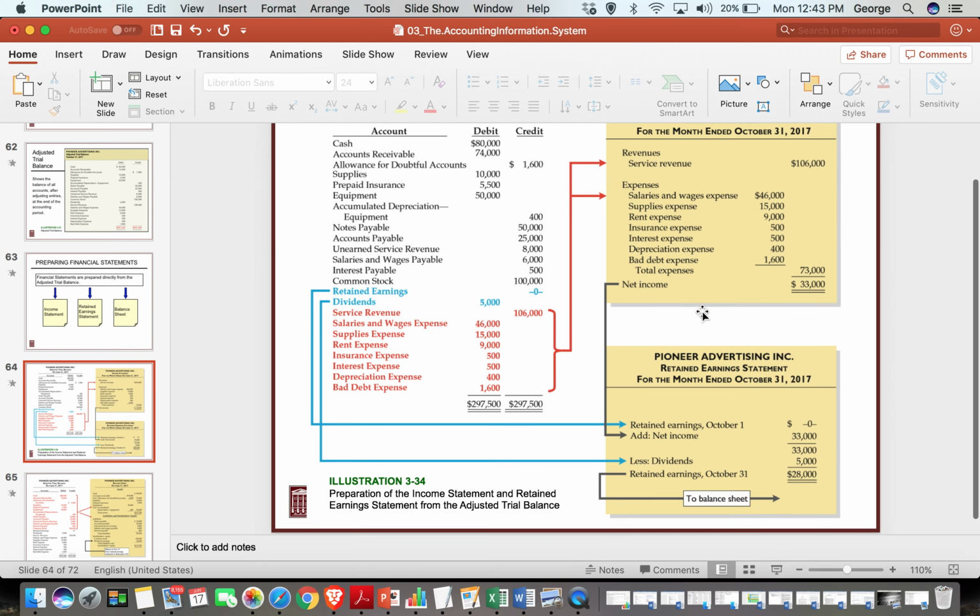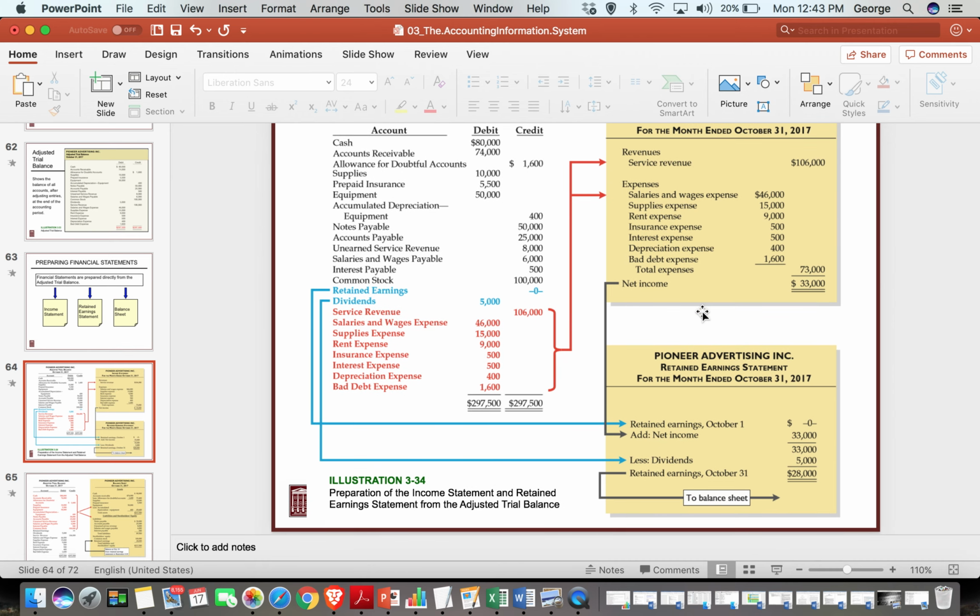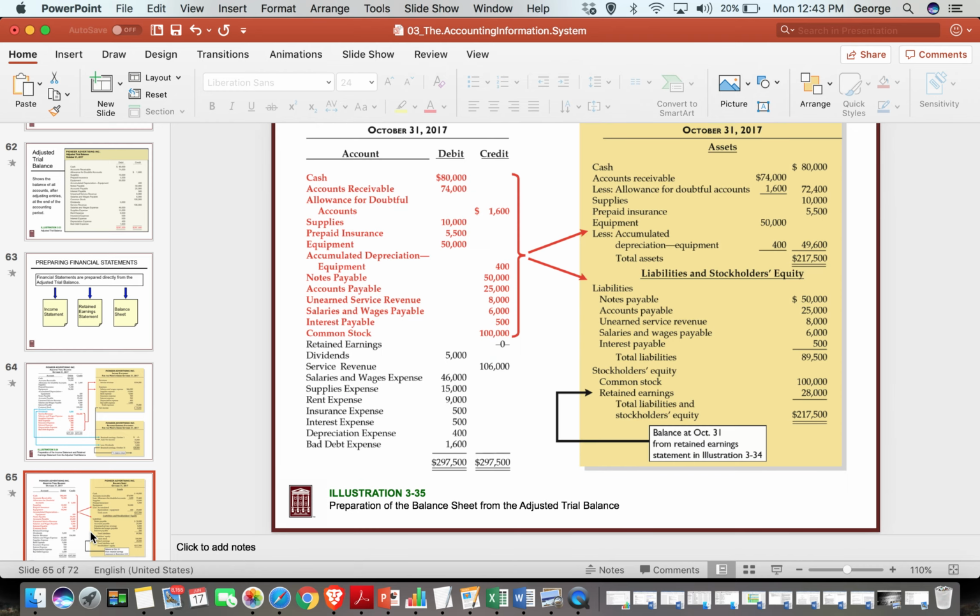The blue part, retained earnings and net income of 33,000 from my income statement, is part of my retained earnings statement. And then this part up here, between cash and common stock, would be my balance sheet. So you can easily prepare the financial statements from this worksheet. It works really well when you have an Excel worksheet.